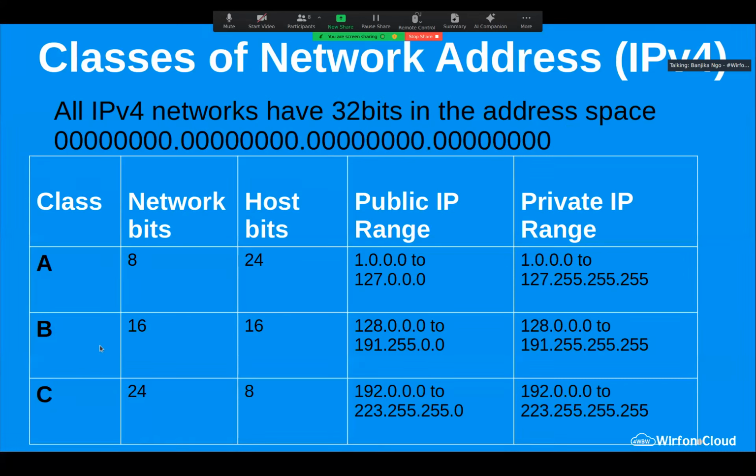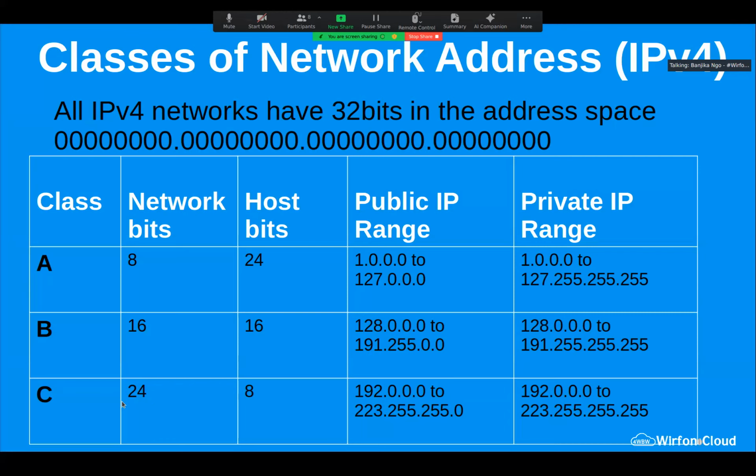The same for class B: network will be 16, host will be 16. And the range spans from 128.0.0.0 here to 191.255.0.0. So this starts giving you an idea. When you see an address, you start thinking which class it belongs to, right?